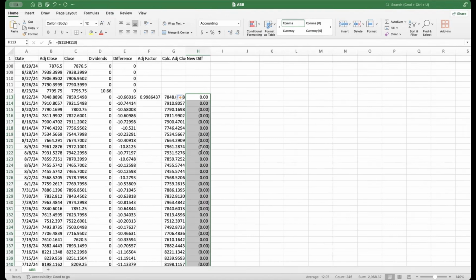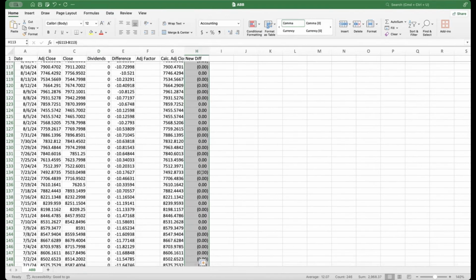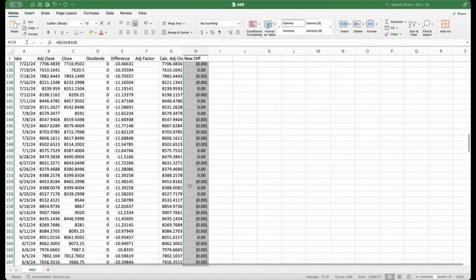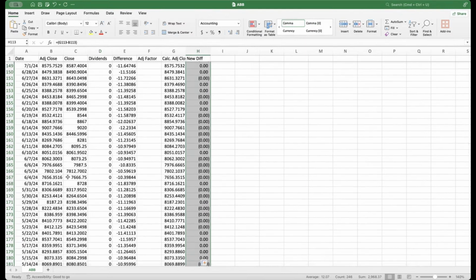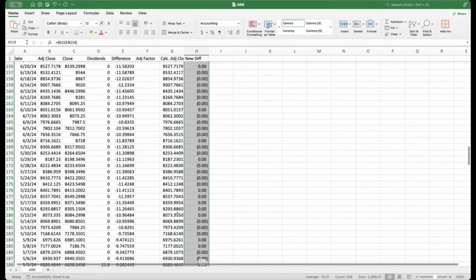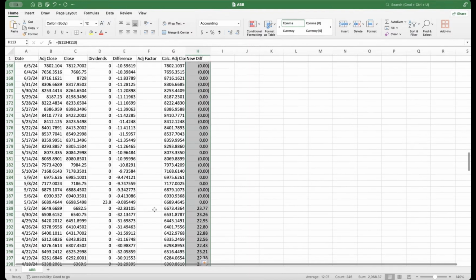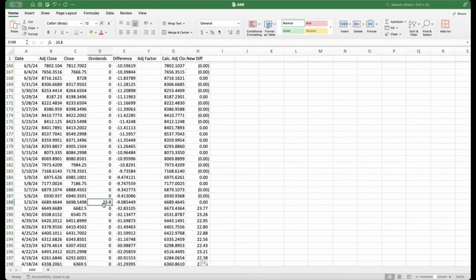Now, if you see here, roughly the difference is zero between the calculated adjusted close and the adjusted close that we see from Yahoo Finance, until a time when there is a new dividend that was given in the past. From the next day, you will again see a difference.